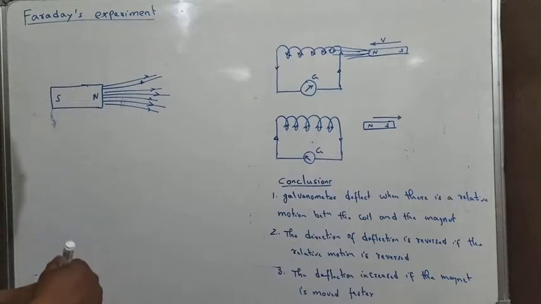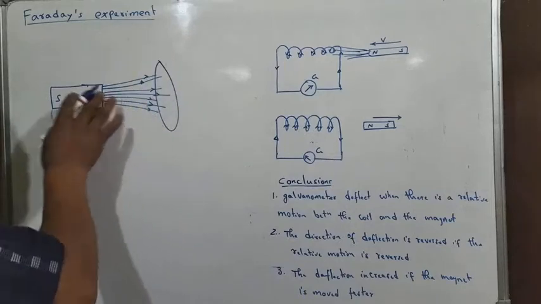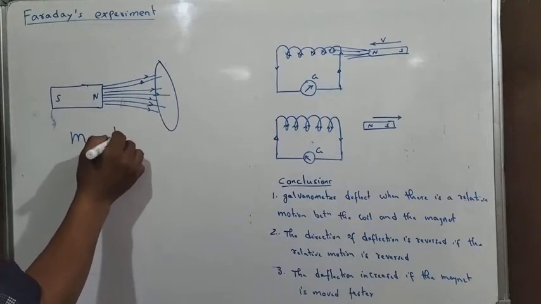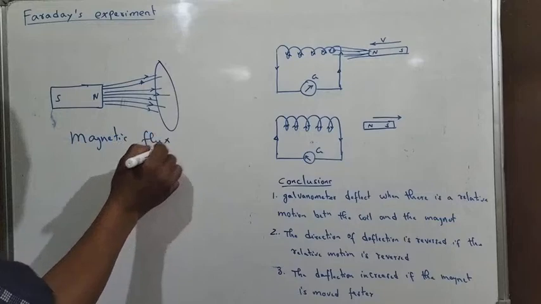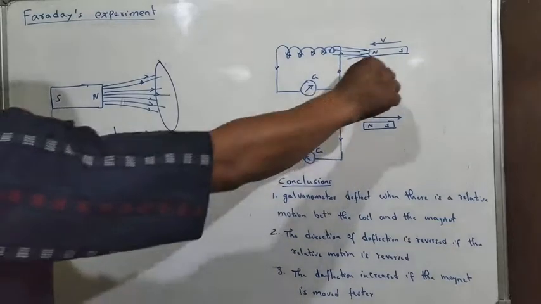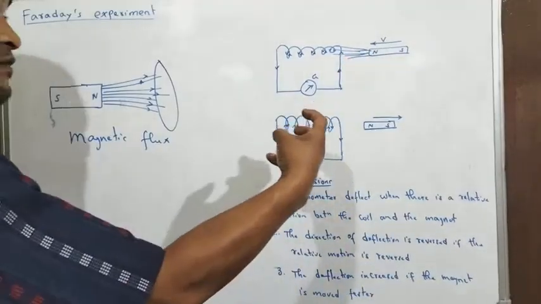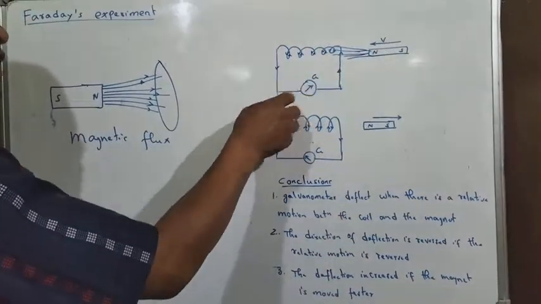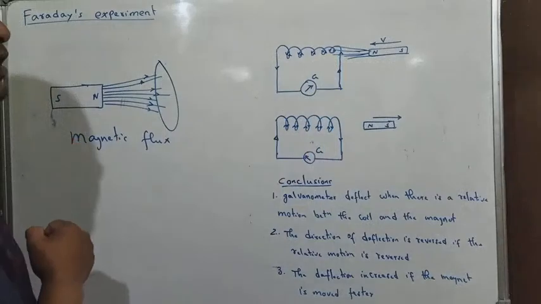The magnetic field lines which are passing through a surface, we call magnetic flux. So when the magnet is moving, it means the magnetic flux is changing. When the magnetic flux increases, we get a current in the coil.